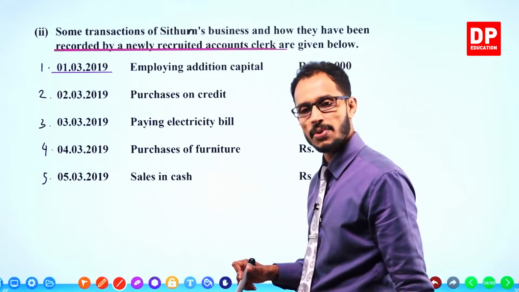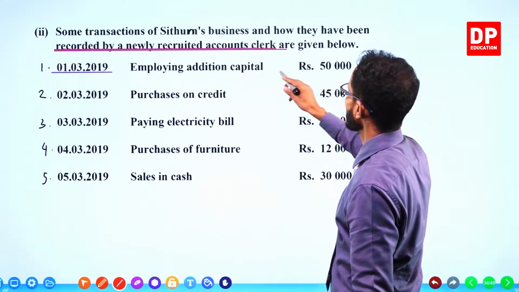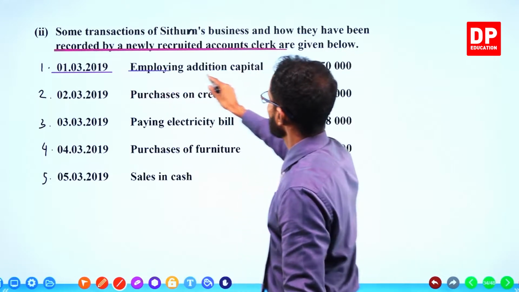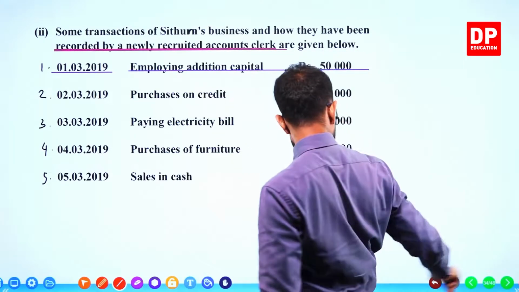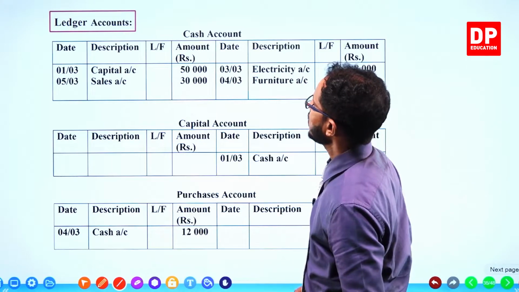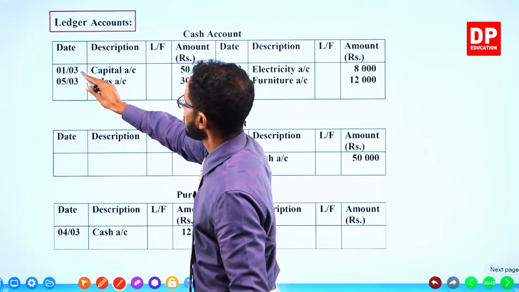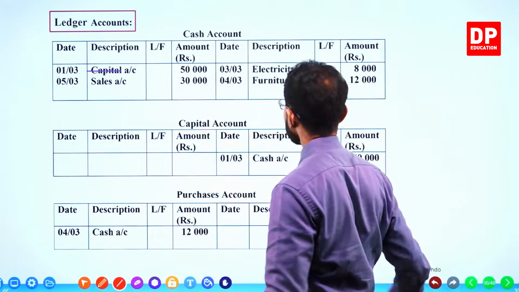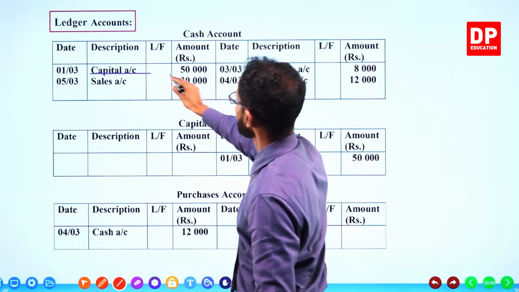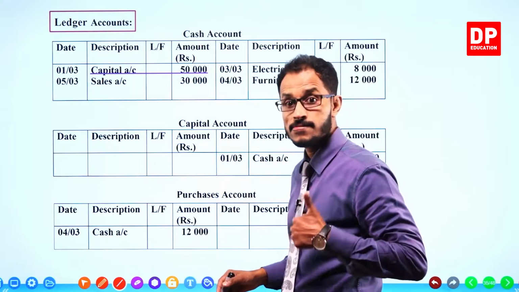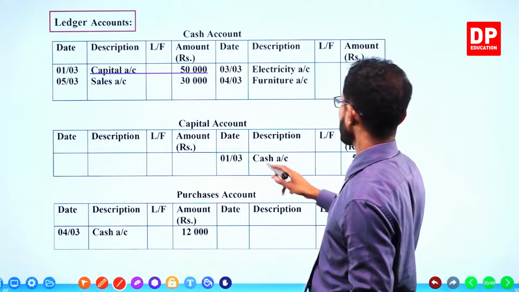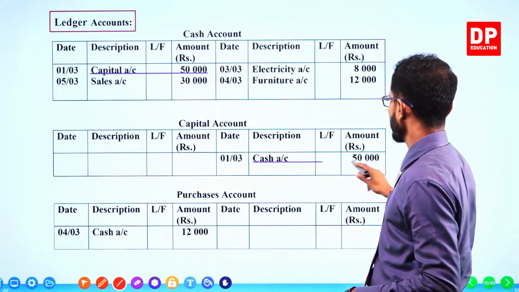Cash debit 50,000. Okay. Cash is debited 50,000. It's done. Capital is credited 50,000.